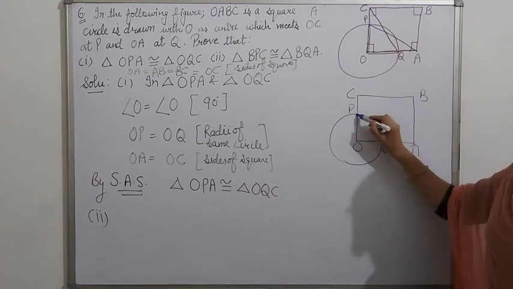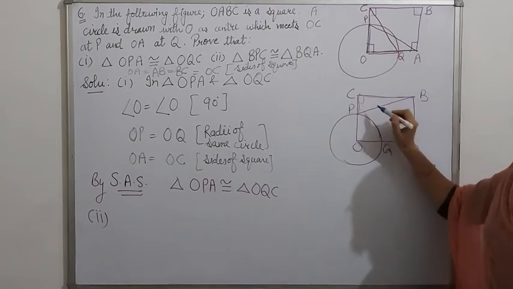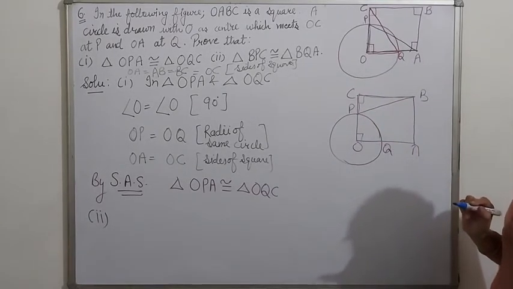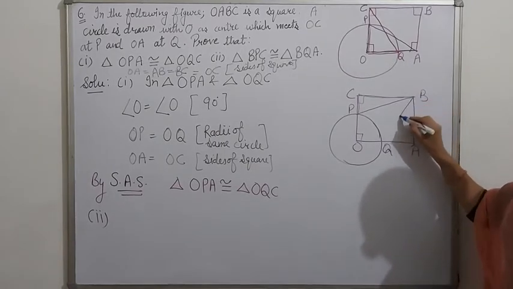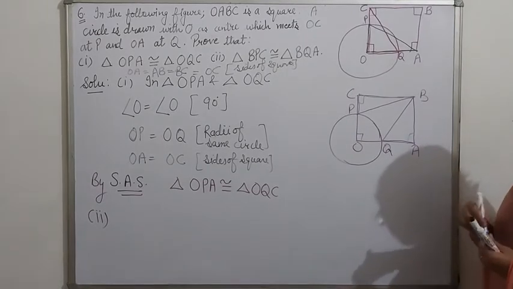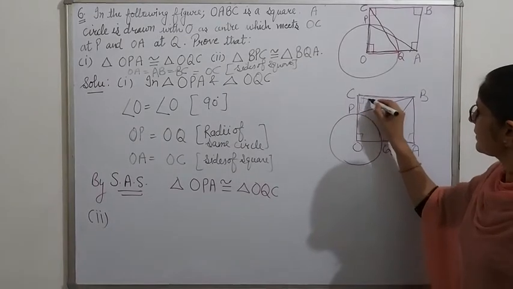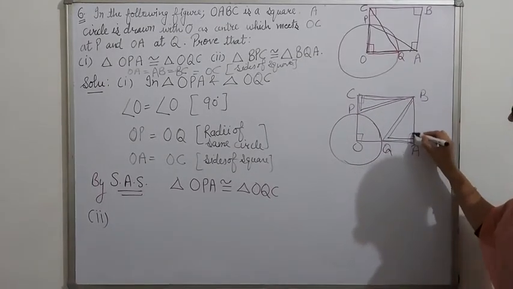BPC means this triangle, you have to take. The second triangle you have to take is BQA. So you have to take these two triangles and make them congruent.